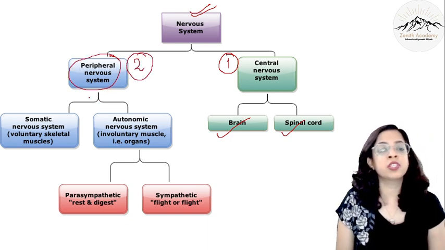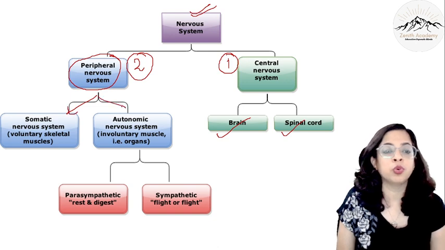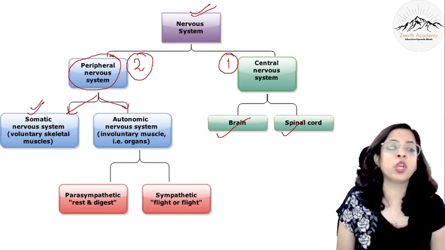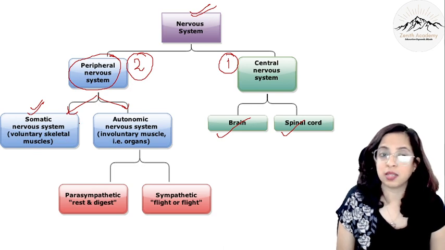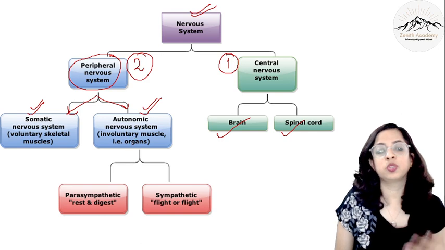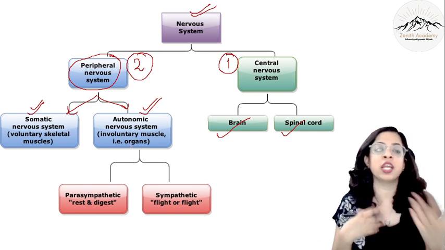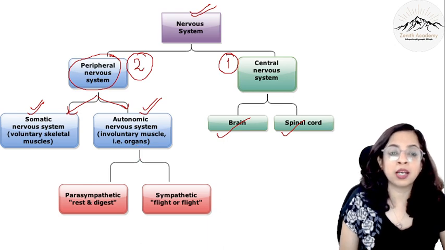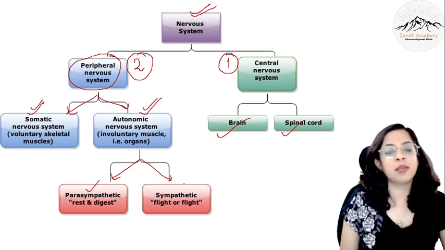Now, the peripheral nervous system is again divided into two. There is the somatic nervous system, which handles voluntary skeletal muscles. And then there is the autonomic nervous system, which controls the involuntary muscles, etc. Autonomic is also divided into two parts: parasympathetic and sympathetic.